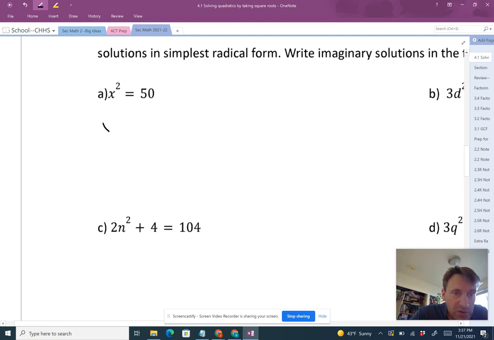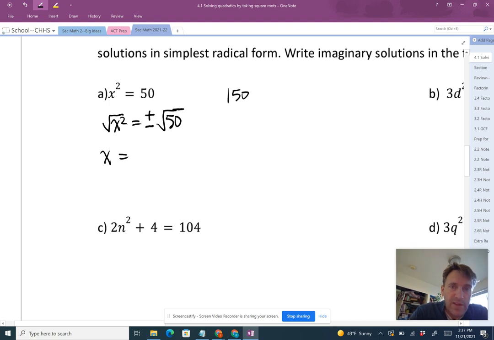And so we take the square root of x squared and we take the square root of 50. Always remember that we have a positive and a negative square root. So there's plus or minus. And then x is equal to plus or minus the square root of 50, but we want to see how we simplify this.